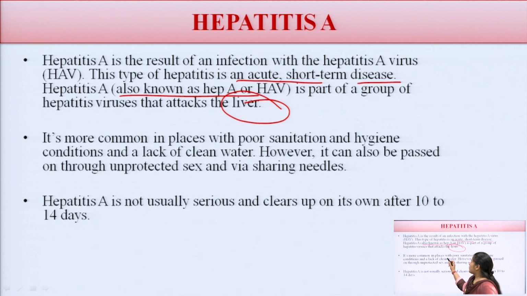Now it is more common in places of poor sanitation or hygiene conditions and lack of clean water. However, it is also passed through unprotected sex and by the sharing of needles. So these are the most common ways hepatitis A will spread.